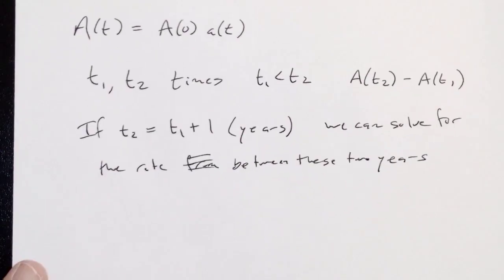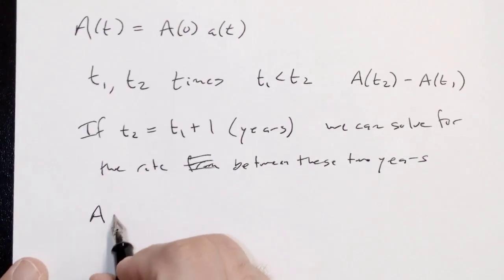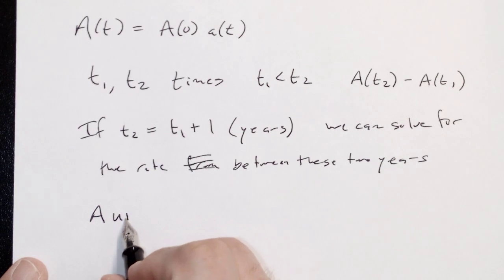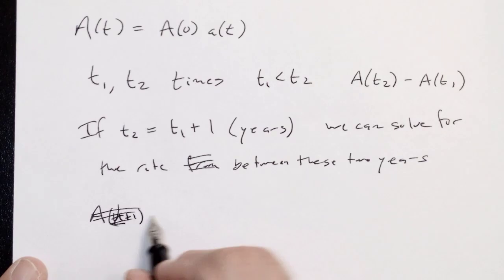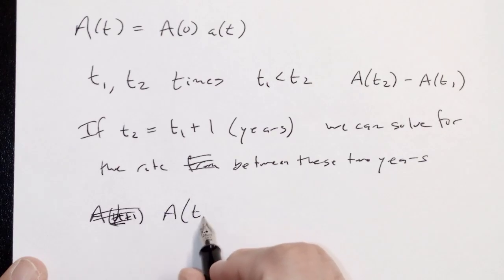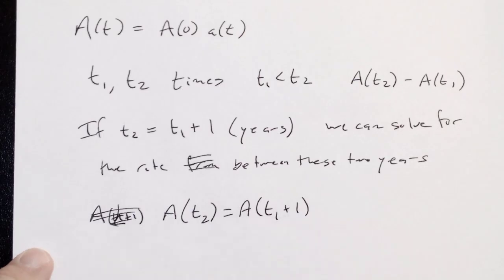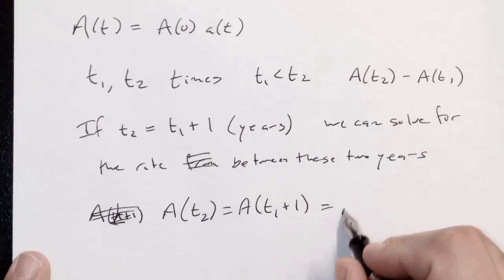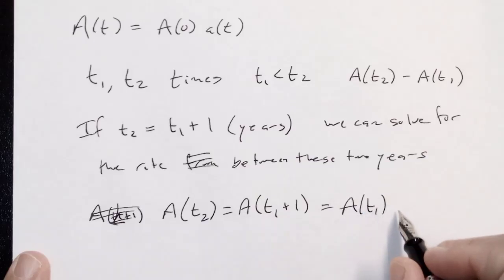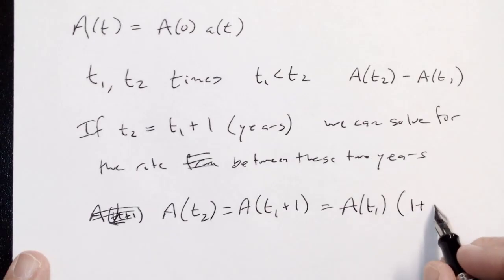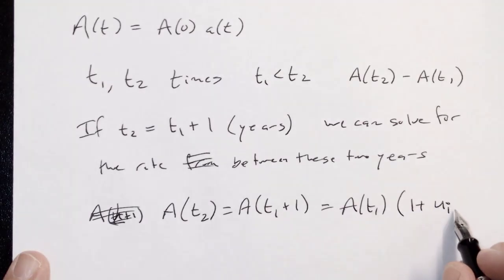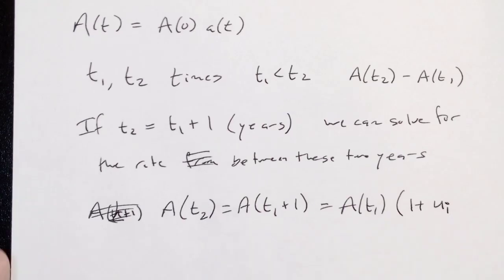So let's see. A of t, not u, t. A of t2 is A of t1 times 1 plus whatever the interest rate is at time 1.